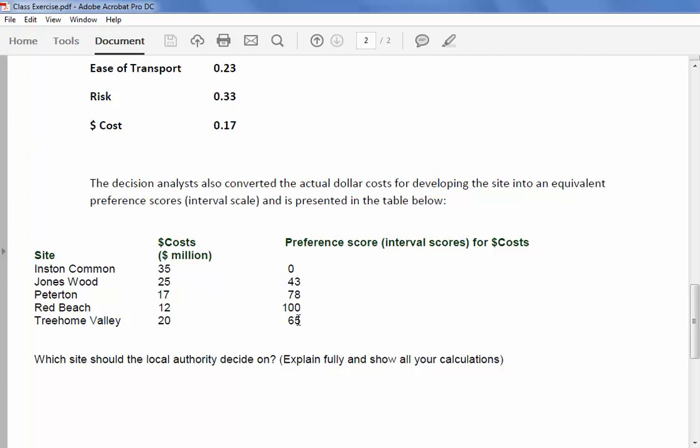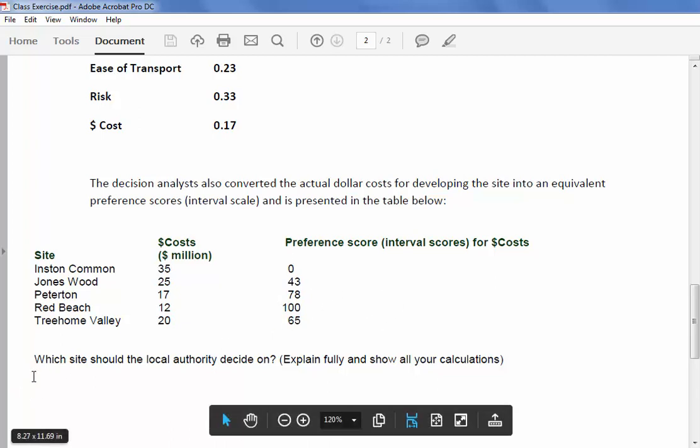So that's how we calculate that score. Similarly, 25 take 35 is 10, so if we just go 10 divided by 23 gives us 43. And 78 here again is 35 take 17, so 18 divided by 23 gives us a 78 here. So that's how those preference scores are calculated.